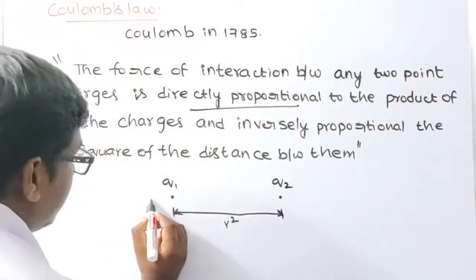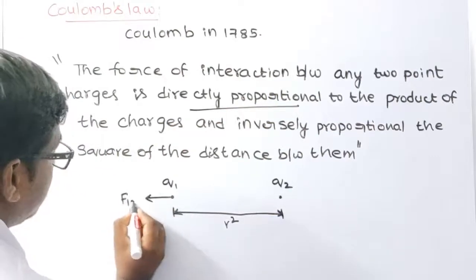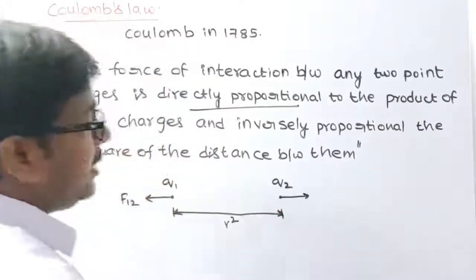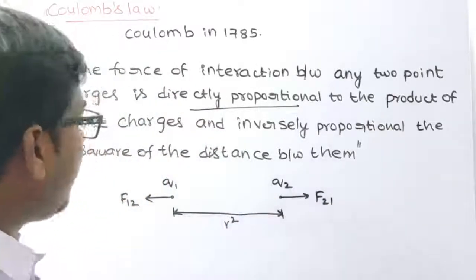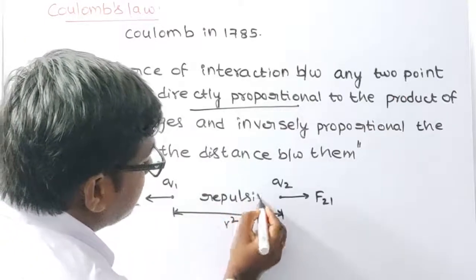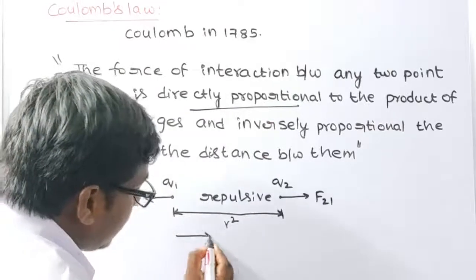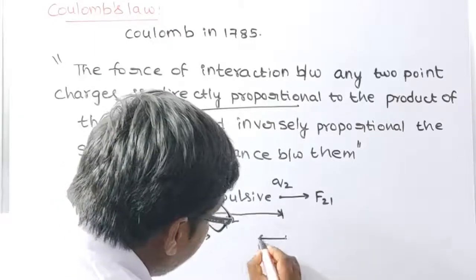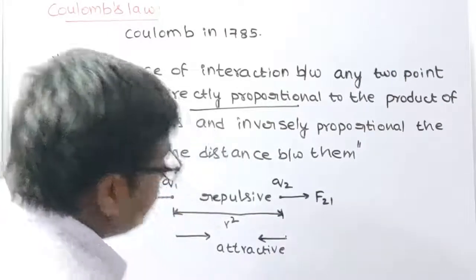The force on the first body due to the second is F12. The force on the second body due to the first is F21. Like charges repel each other, repulsive forces. Unlike charges attract each other, attractive forces.